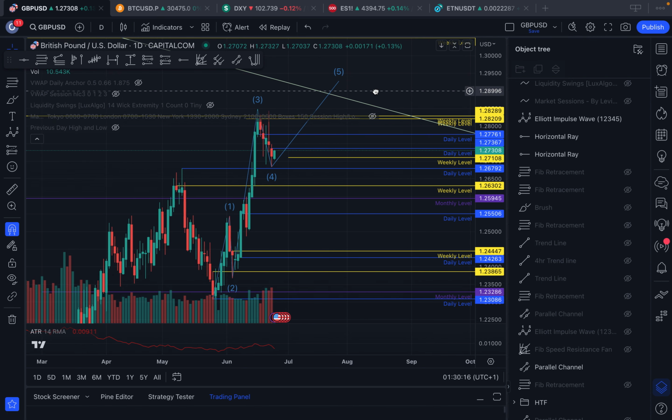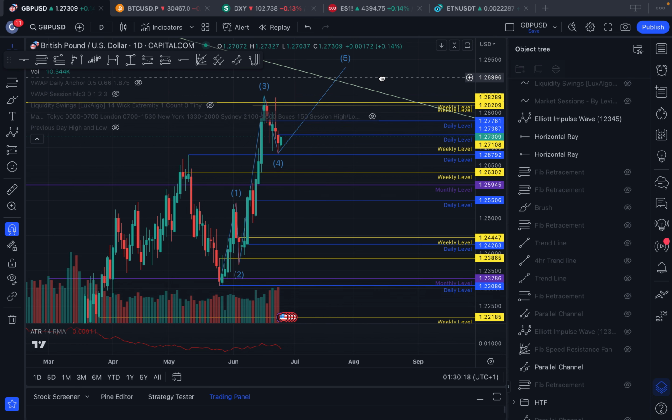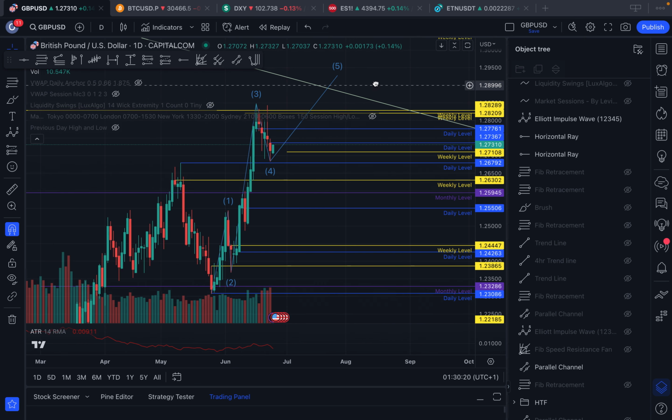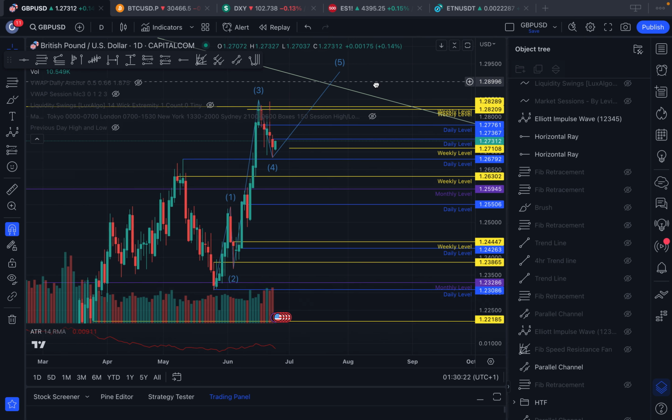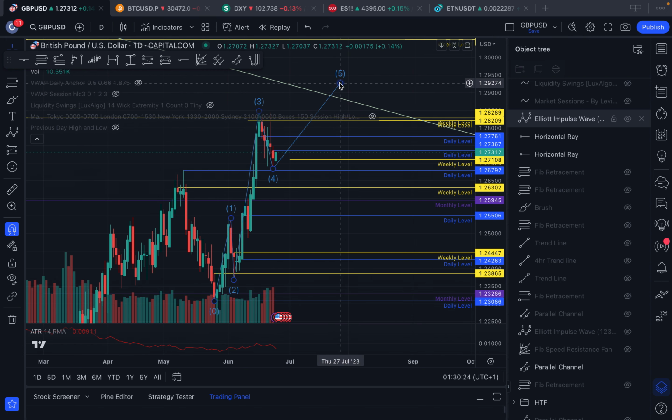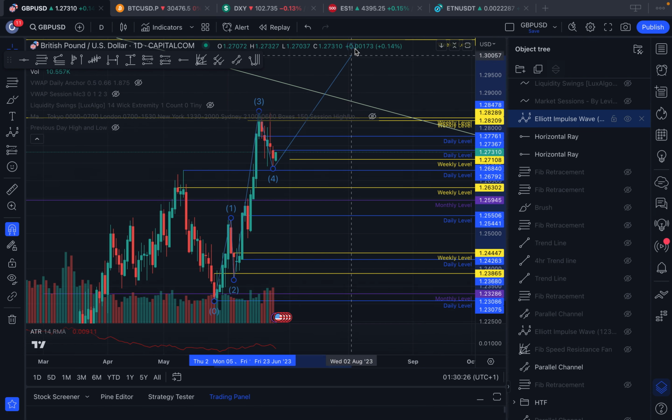Usually wave 3 is the longest, so wave 5 will not be as long as wave 3. But I don't see why potentially it could not go here.